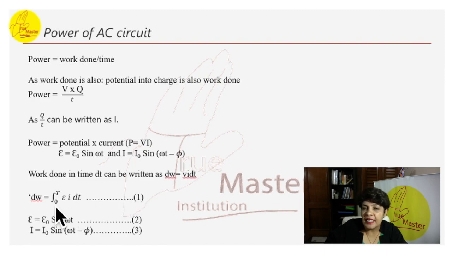And this complete cycle is 0 to T. That is one complete cycle. So the total work W will be equal to the integral of E I dt from limits 0 to T. We will substitute the values of E and I in this formula and derive an equation. So we will go on to the next slide and see what happens once we substitute this value.